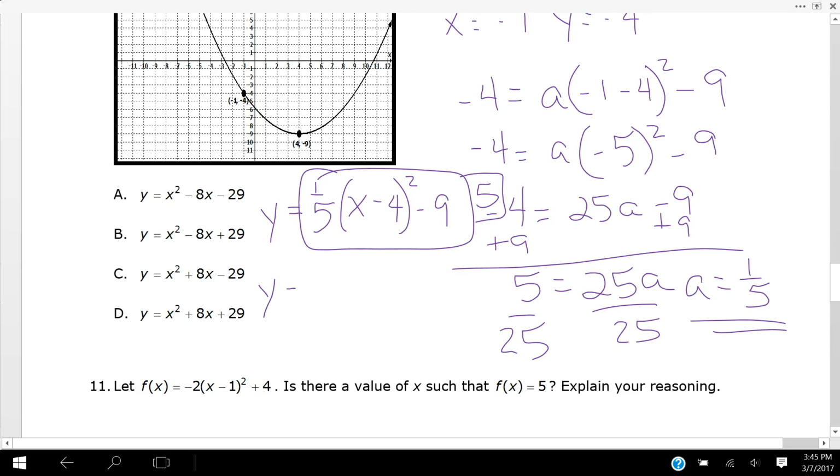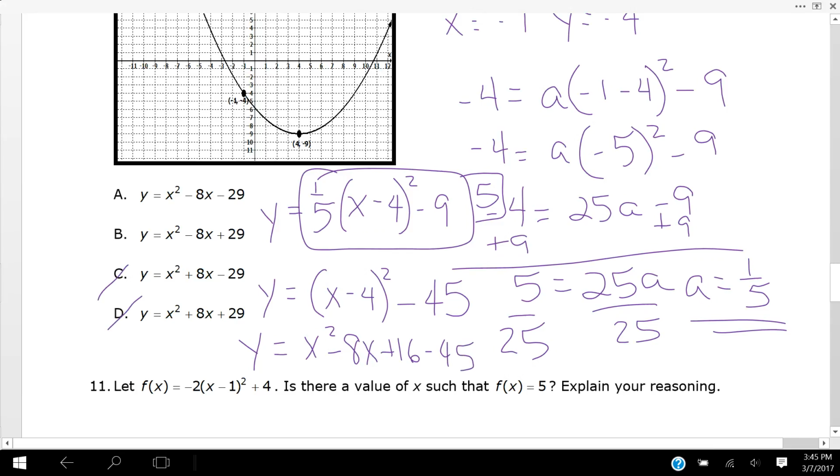So I end up with y equals x minus 4 squared minus 45. Y equals x squared minus 8x plus 16 minus 45. It's not C or D because I have minus 8x. So I have 16 minus 45, which makes negative 29.